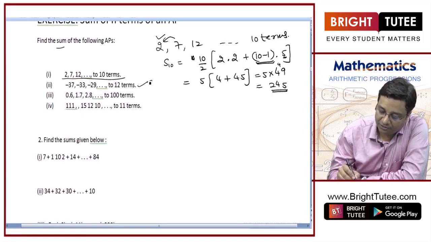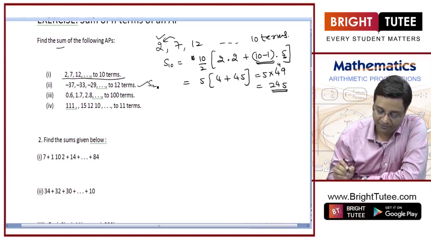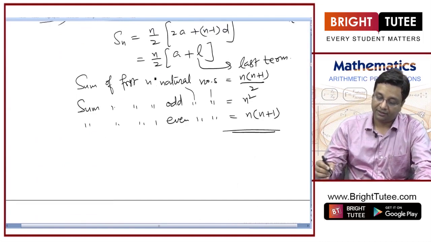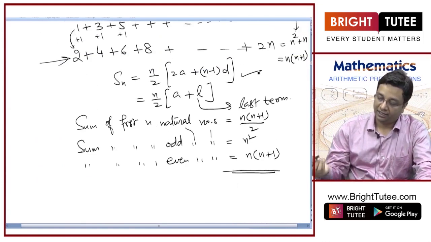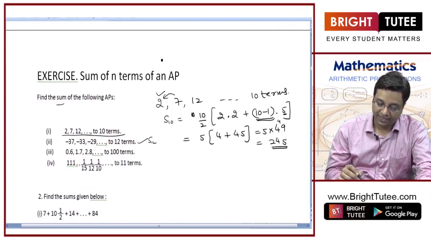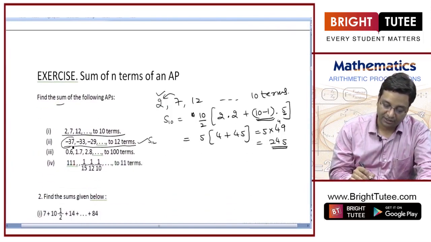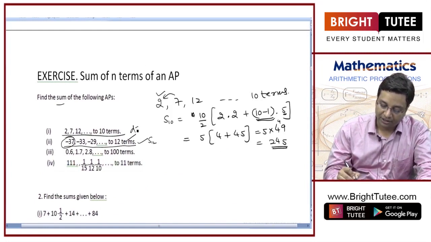The sum of 12 terms will be S12, right. You just have to apply this formula and put the value of n as 12 and the values of A and D from this expression. A here will be minus 37, and what will be D for this question? D will be minus 33 minus of minus 37, right.